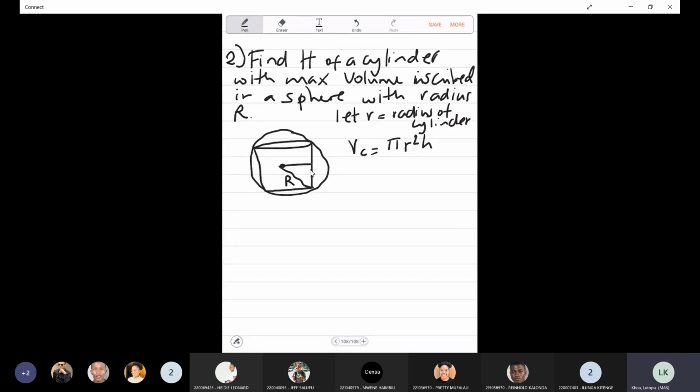So this is half of the diameter, so this is the radius of the cylinder. So we call this one small r.